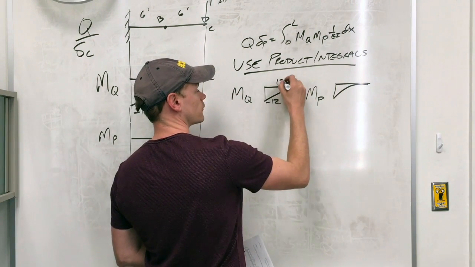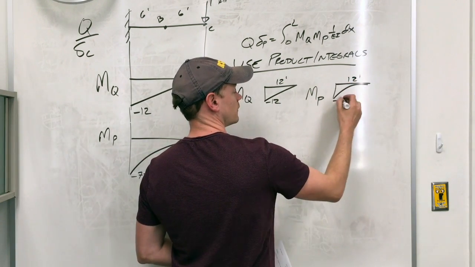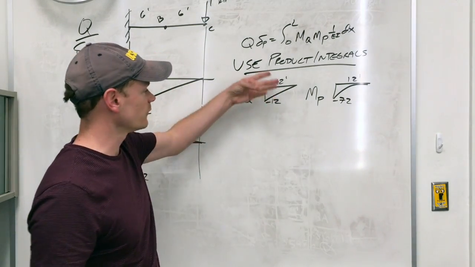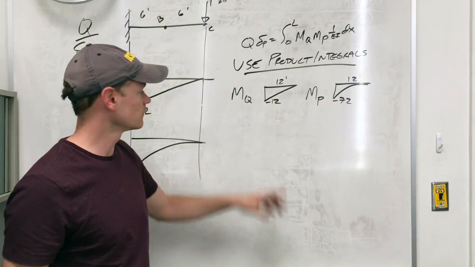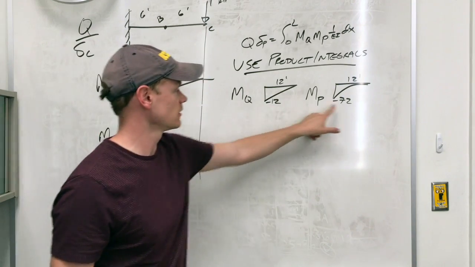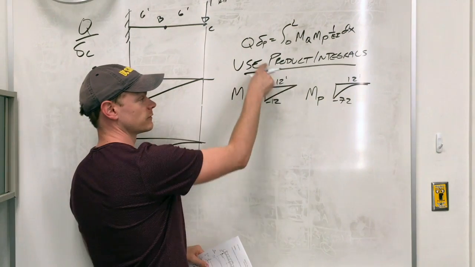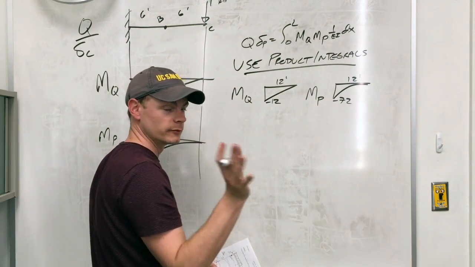They both happen over 12 feet. All right, they're nice simple shapes. Now in the table, they're flipped, but that's okay. We can recognize that it's just a negative number here, it's fine. I can even mix it. If this is positive and this one's negative, you can still mix it, right?